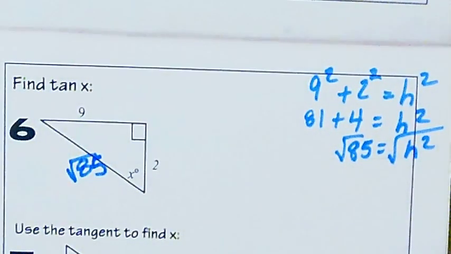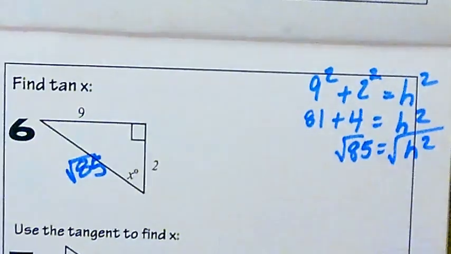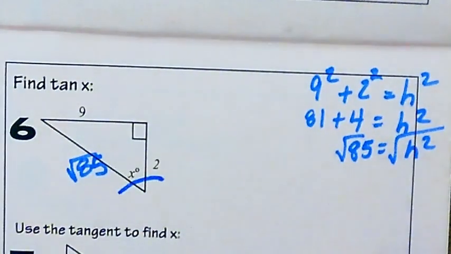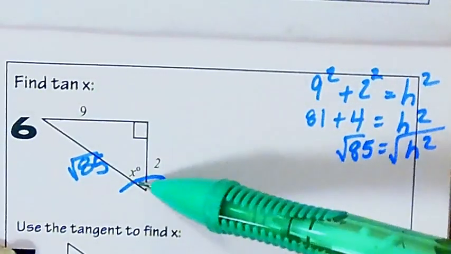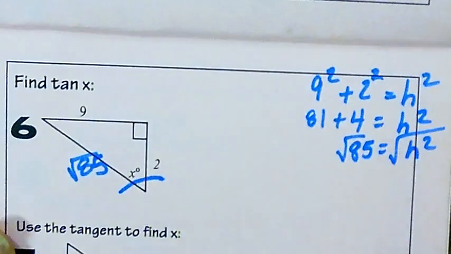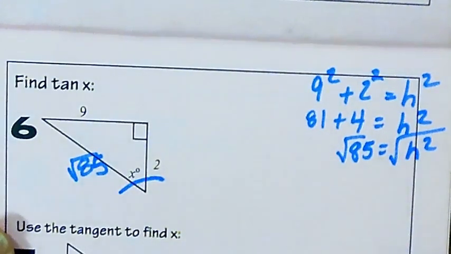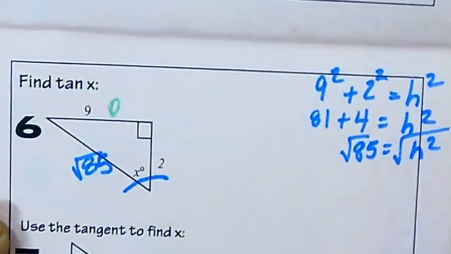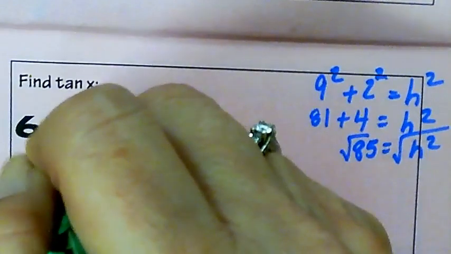Okay. So now that we have all 3 numbers around the triangle, what is the tangent of x? So we've got to label this triangle opposite, adjacent, and hypotenuse. Go ahead and do that. So looking from the x, which side did you put as opposite? What's the number value? The 9. Good. The hypotenuse is the square root of 85, and then the adjacent is the 2.